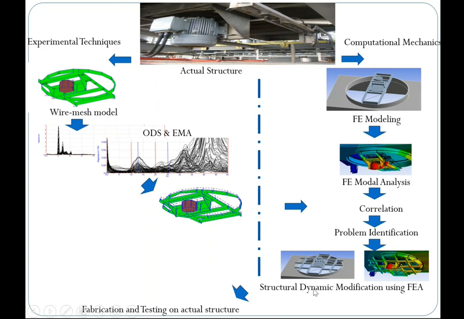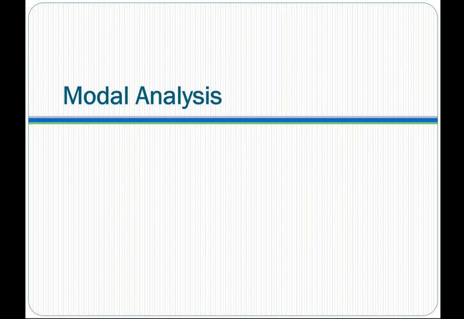Then you solve it. If you are satisfied with the modifications, then you can fabricate and test it, right? That is what we call DDVs. All right, so that is the DDVs.